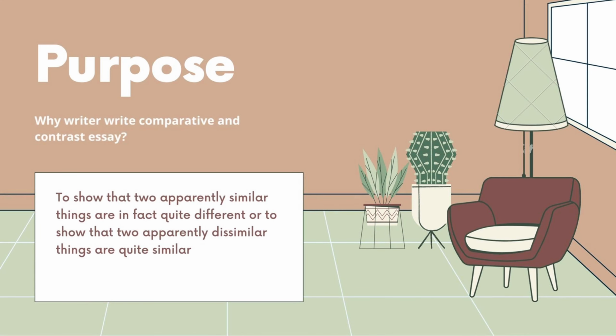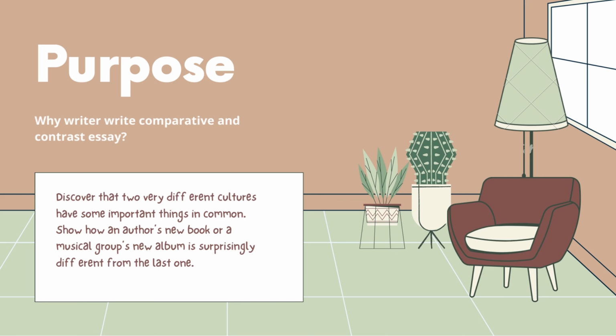Next, it also aims to show that two apparently similar things are in fact quite different, or to show that two apparently dissimilar things are quite similar. Let's see the example.